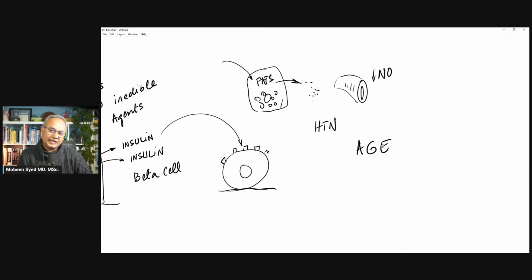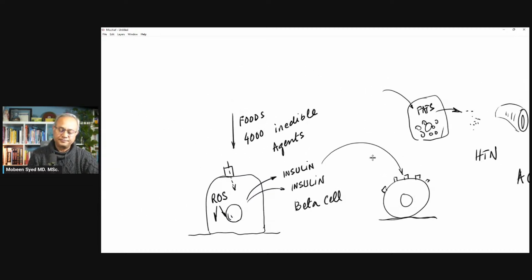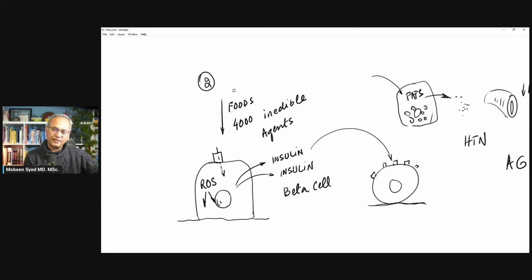So here is our second method to reduce and reverse diabetes, and that is by reducing hyperinsulinemia, and that is by eating healthier. So that is the second method. First method, lose 15 kilograms of weight.